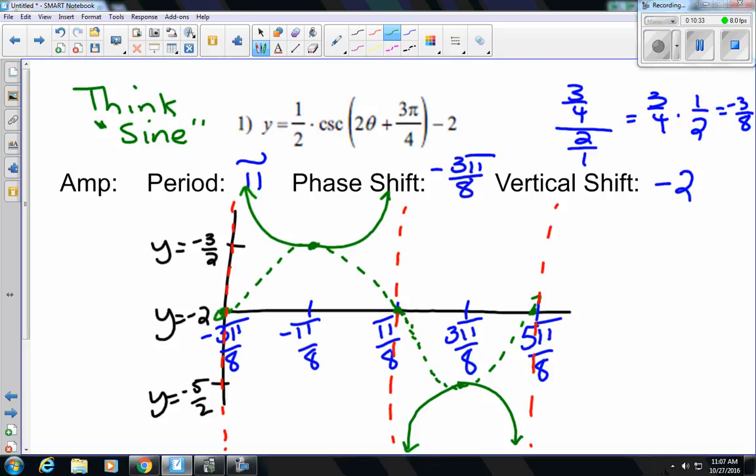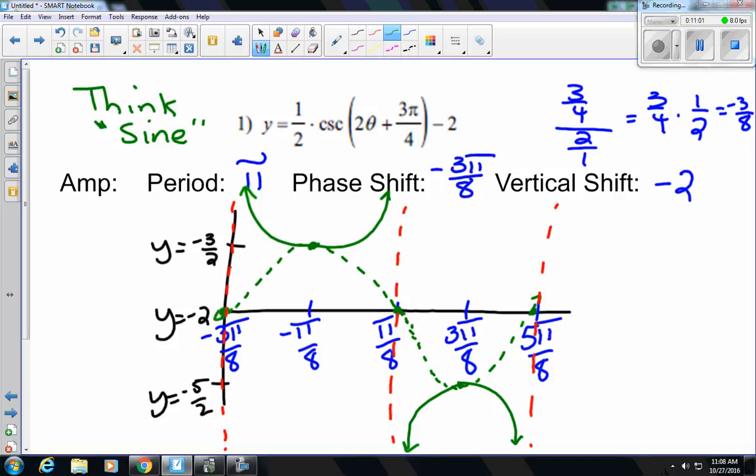So now we need to address amplitude. So if you remember over here, by definition, amplitude is the distance from the midline to the max, or the midline to the min. Think about the branches. If it's opening upward with arrows on either end, what does it not have? It doesn't have a max. What about this? It doesn't have a min.